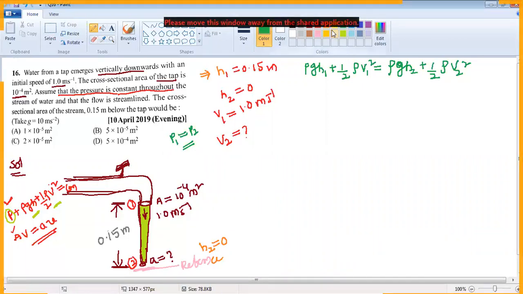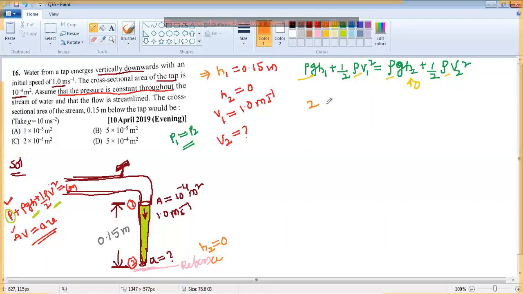Once we observe, rho will be cancelled on either side. And one more thing, H2 equals 0 because I took that as the reference. So finally we multiply by 2.